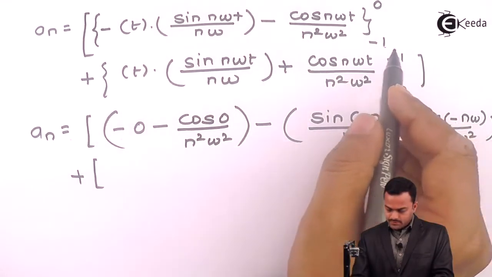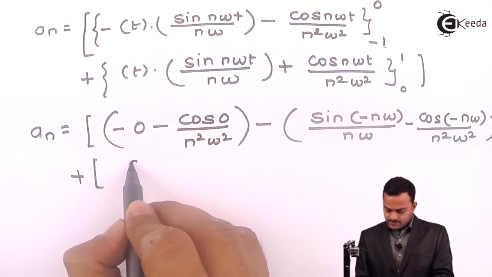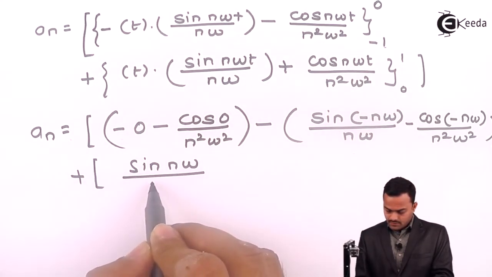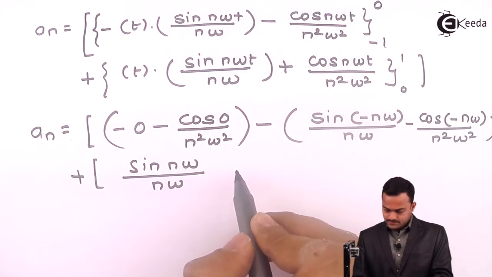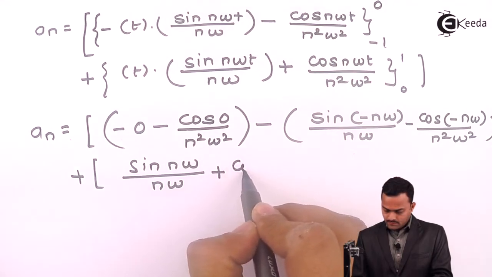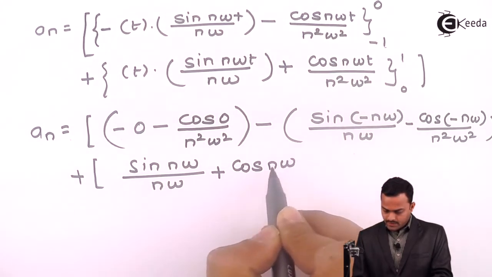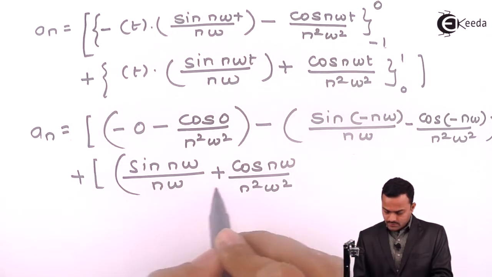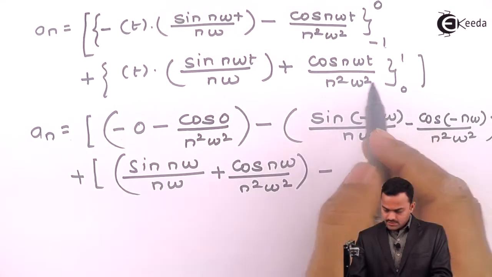So if I apply the upper limit, it will be simply sin n omega upon n omega plus cos n omega divided by n square omega square, minus lower limit.